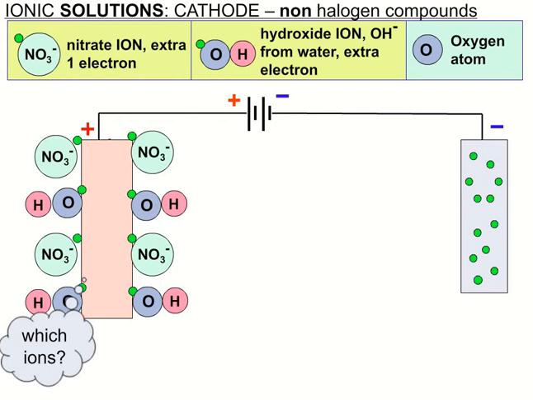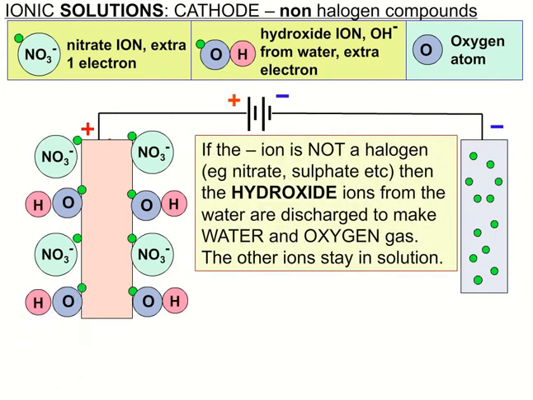If the negative ion is not a halogen, for example nitrate or sulfate, then hydroxide ions from the water discharge to make water and oxygen gas. The other ions stay in solution.